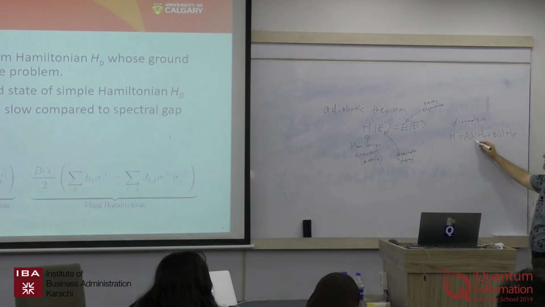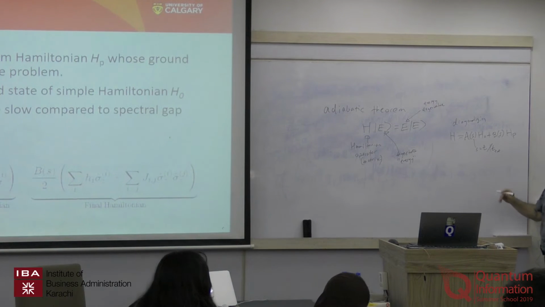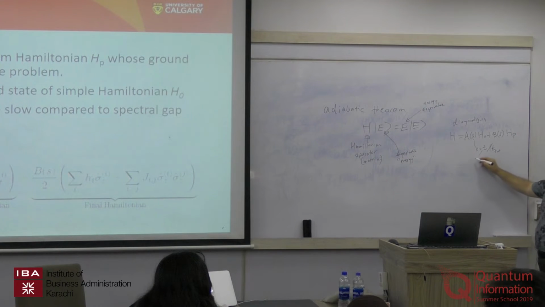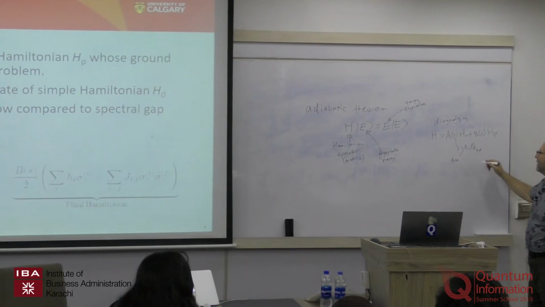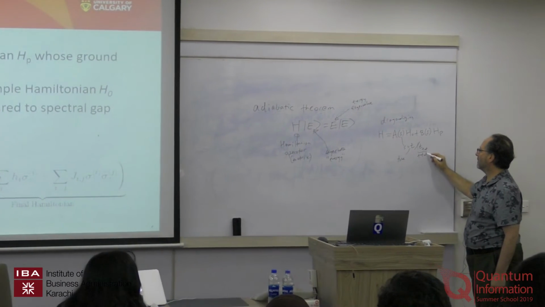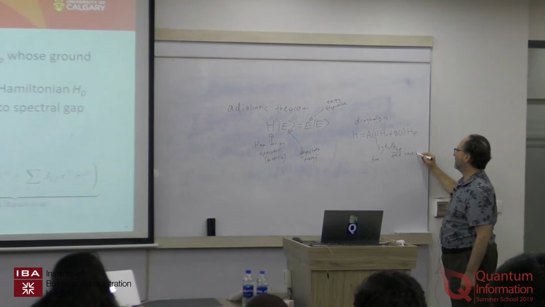This s is t over t total. Here t is time, real time in the system, like the cooling schedule. And this is the total scheduling time.